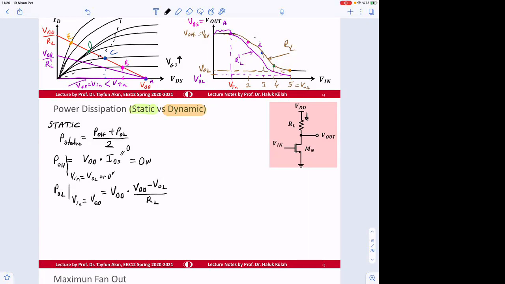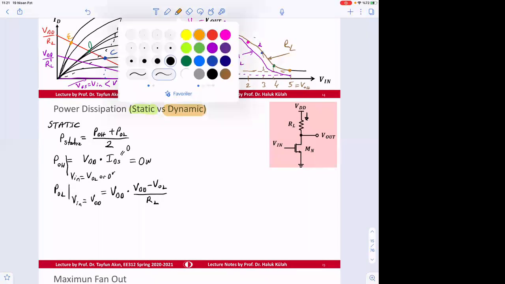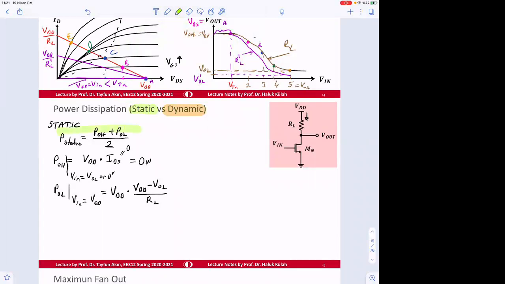So from here, we find V output low. If you know V output low, let's say 0.5 volt, then you can calculate this easily. And then we say static power dissipation is the average of this. Why? Because we assume half of the time output is high, half of the time output is low.